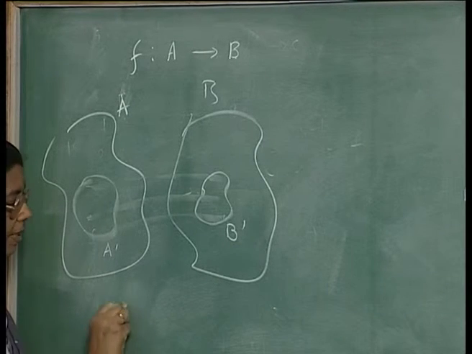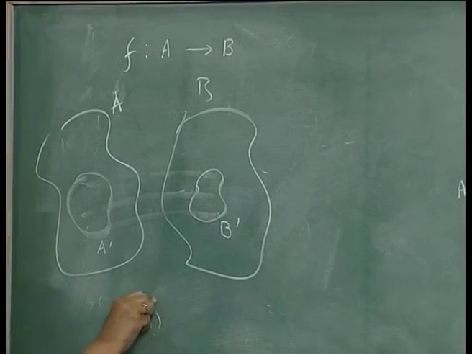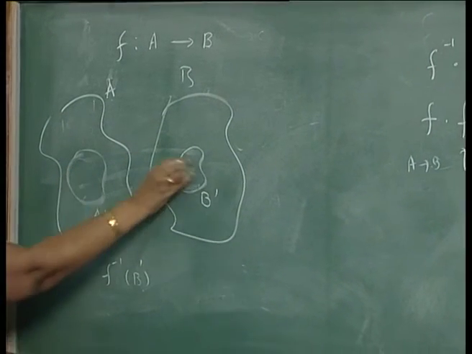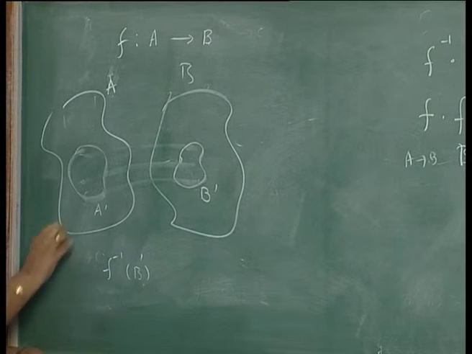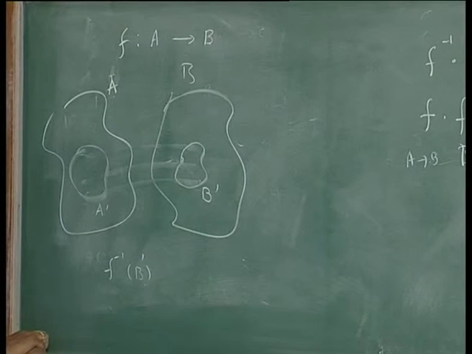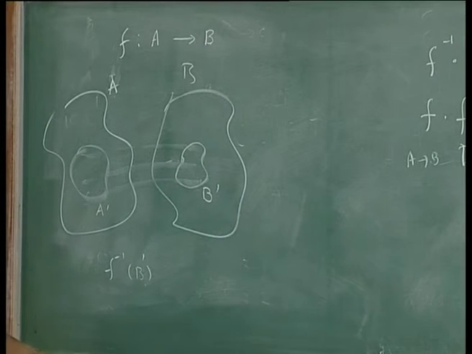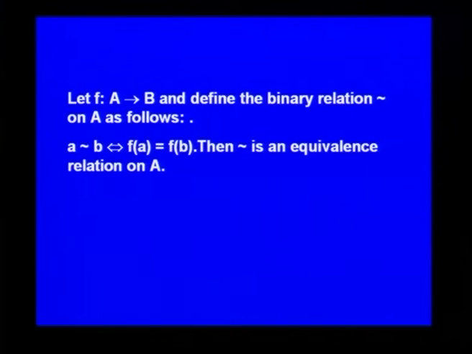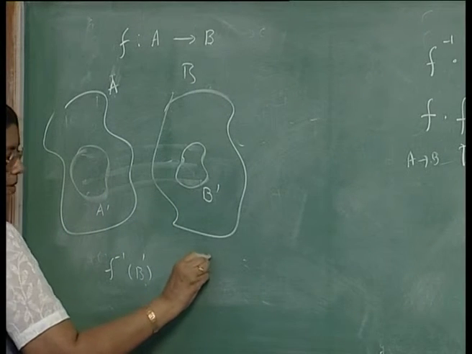Now, f inverse of B dash is a set of all elements whose image is in B dash, and such a set A dash is called the pre-image. So, it is defined like this. f inverse of B dash is a set of elements x such that f of x belongs to B dash, that is called the pre-image set. A dash is called the pre-image of B dash.